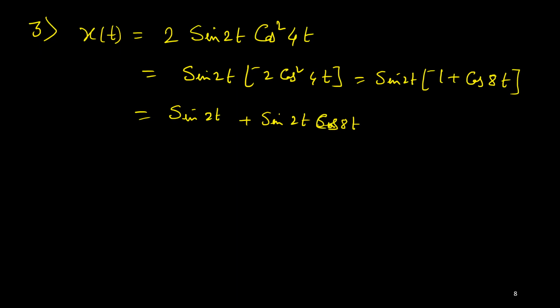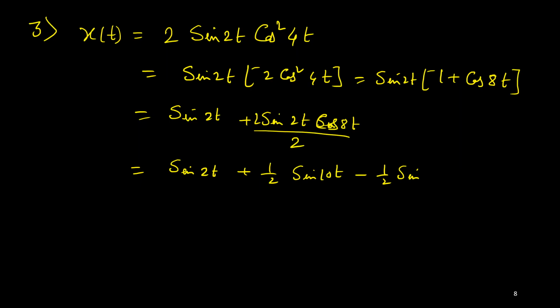So I can multiply by 2 here and divide by 2 here. So it becomes sine 2t plus half, this is sine a cos b, so this is sine of a plus b, which means 10t, and minus, because cos is more, half sine of 8 minus 2, which is 6t.